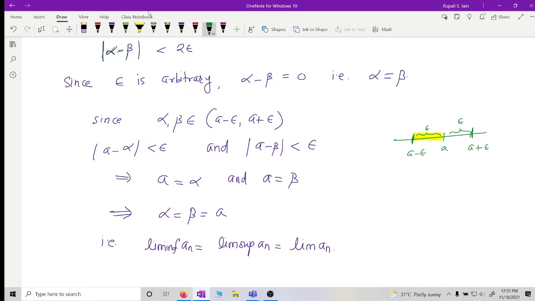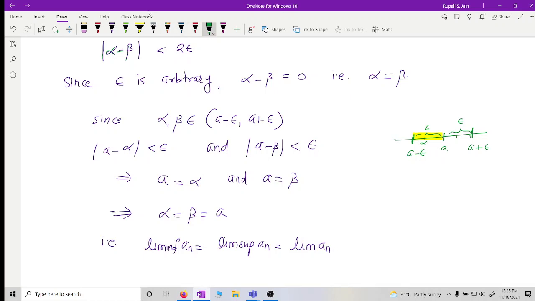Now where are alpha and beta? Alpha and beta belong to this, somewhere in between. Either here or somewhere here will be alpha and beta. Suppose it is here, then what is the distance between alpha and A?